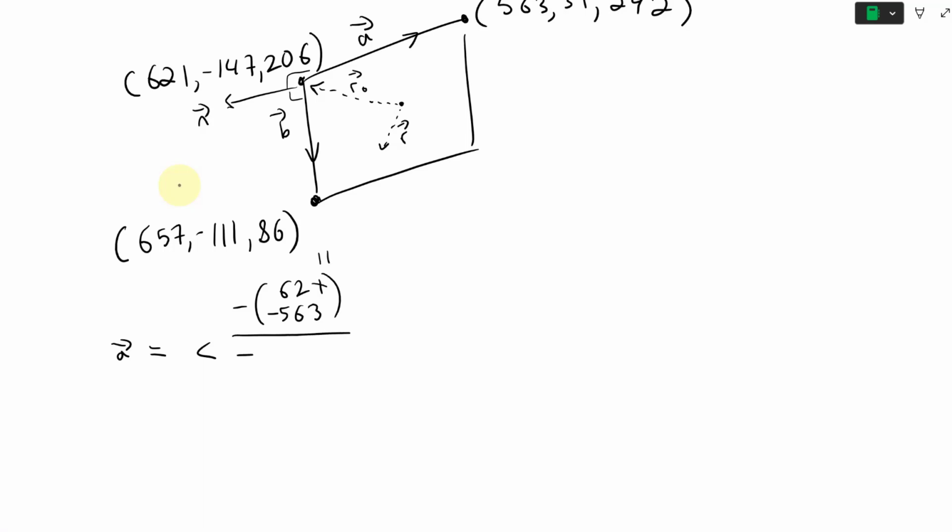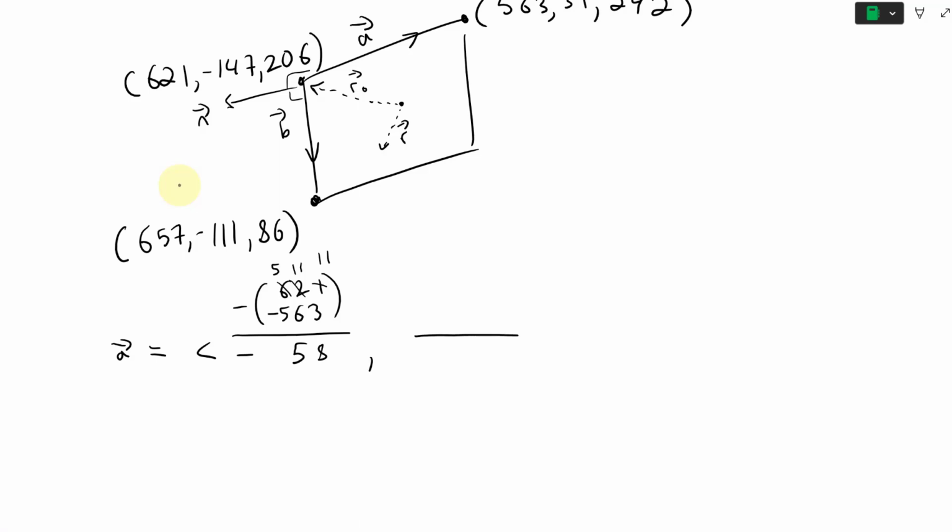So this is going to be 11 minus 3, which is 8, and then 11 minus 6 is 5. So negative 58, and 5 minus 5 is 0, so it's going to be negative 58.